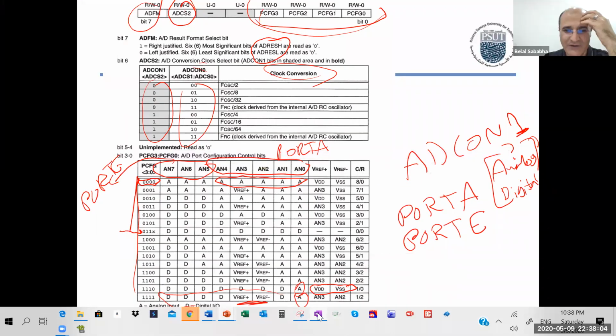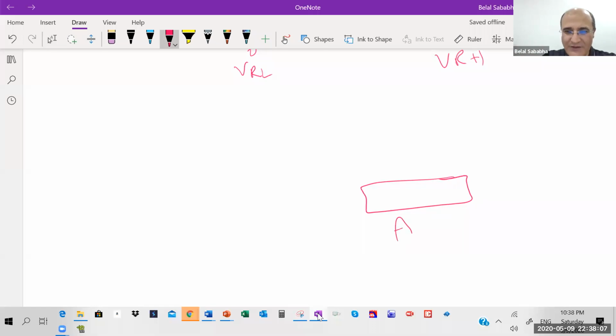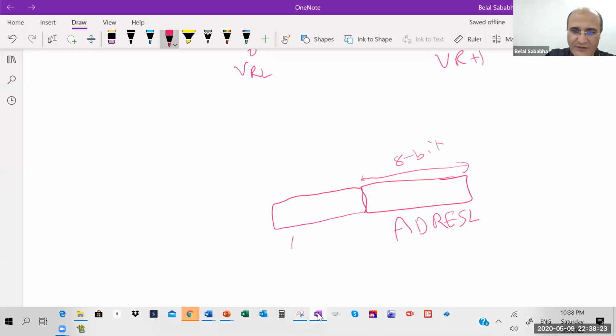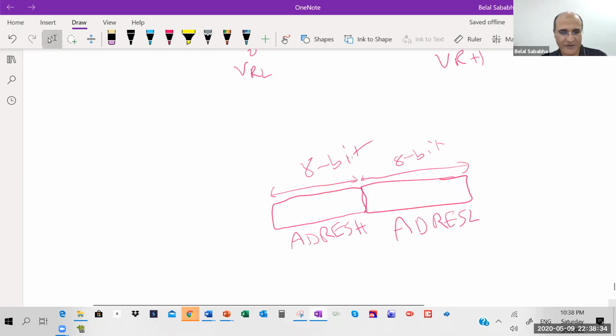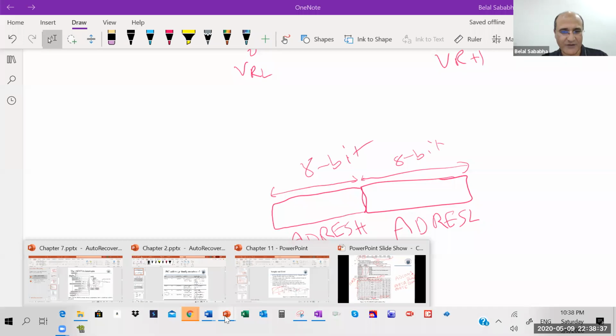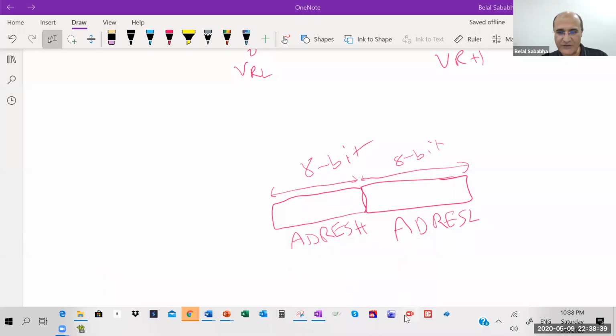AD means analog digital, so result low is 8 bits. There is another one like it, AD result high, and this is also 8 bits. Where are these present? Where are the high and low registers? They are in the data memory. If we look at our data sheet, do I still have the data sheet open? Let me open it real quick.